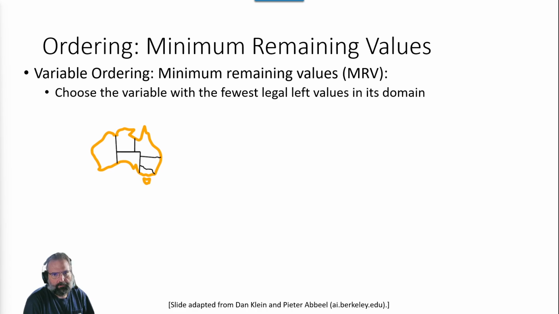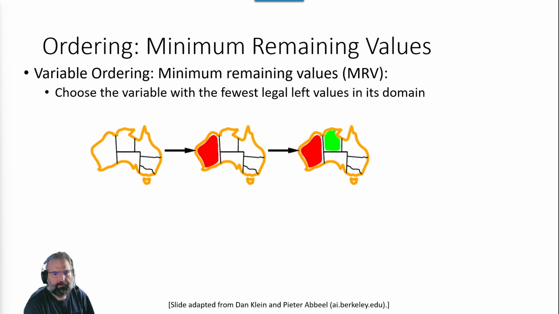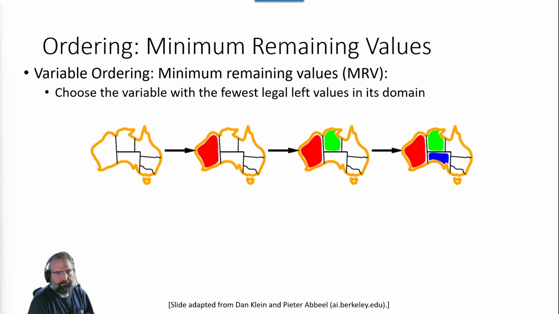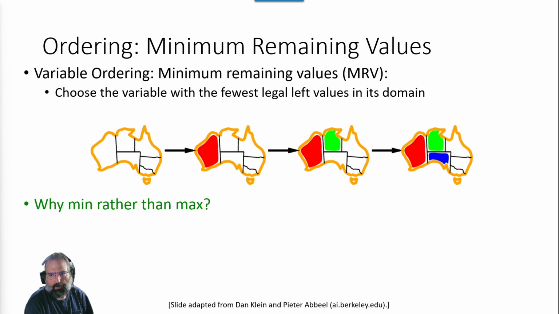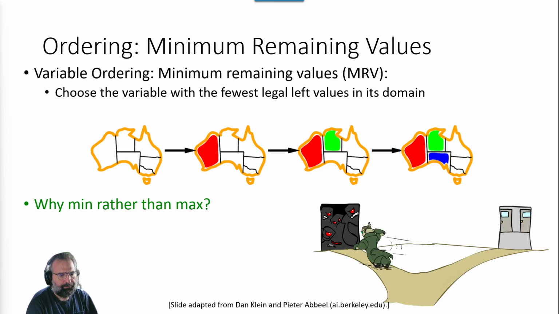Ordering the minimum remaining value. The basic idea here is that we've got a minimum remaining value, MRV. We choose the variable with the fewest legal left values in its domain. So pick the thing that is essentially the hardest to color with the fewest legal left values. This is a very heuristic driven search, right? So you're picking the one that has the fewest legal values that are left and use it to satisfy the currently selected item.